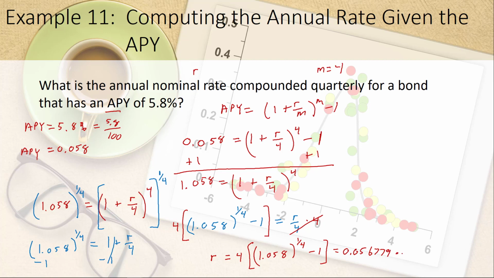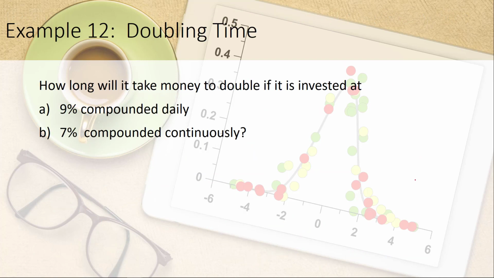We multiply that by 100%, and that gives the answer we're looking for: R is equal to 5.6779%, which will round to 5.678%.